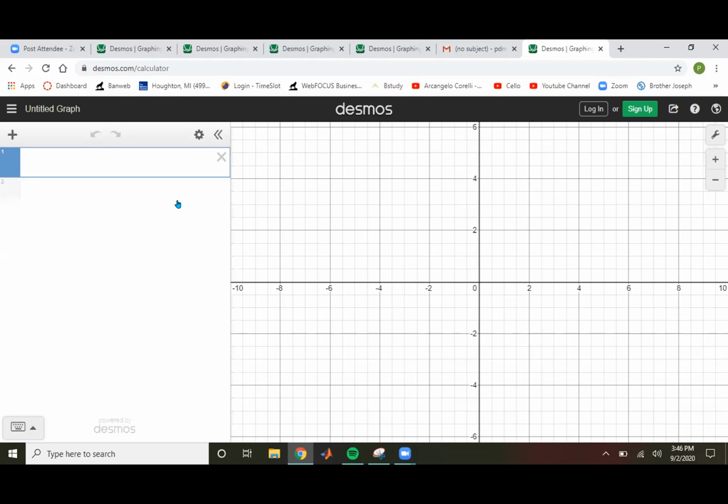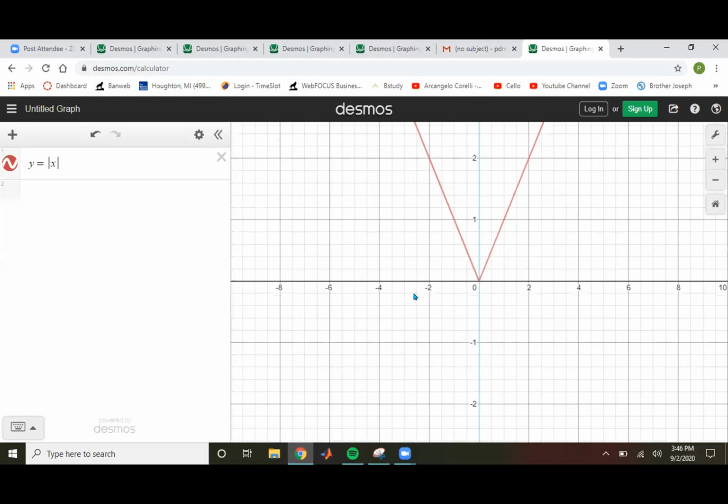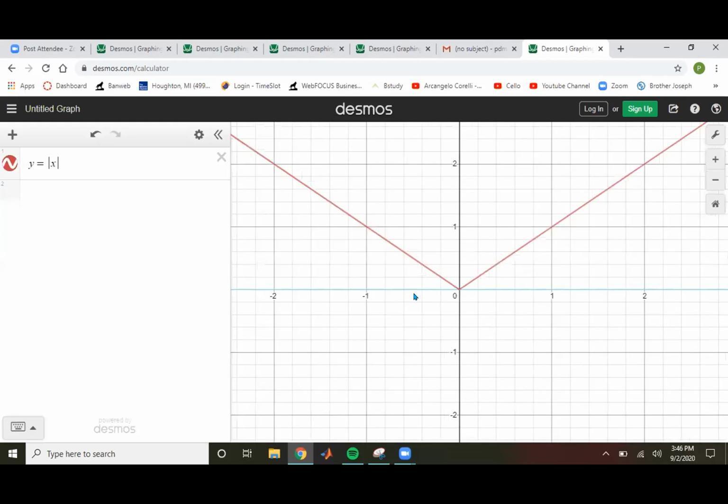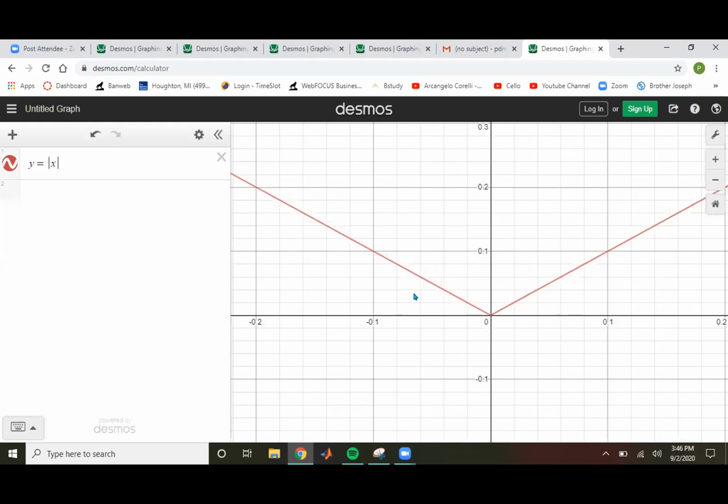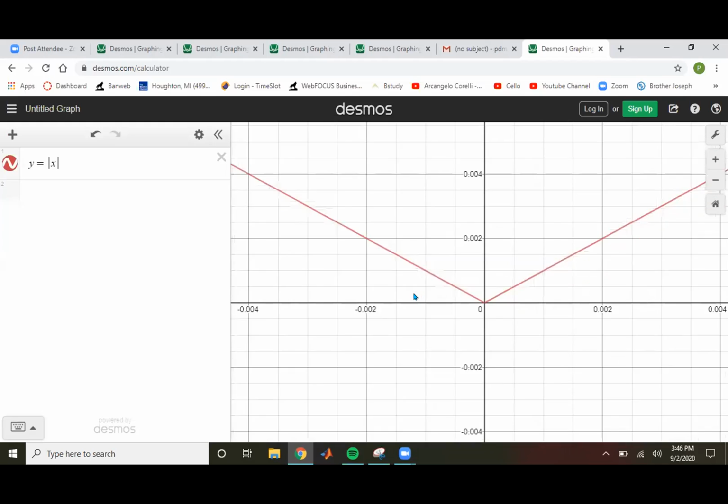So piecewise function. Yep. I'm gonna put one here. Okay, absolute value of x. That function, if we zoom in, it's always gonna look like a corner.